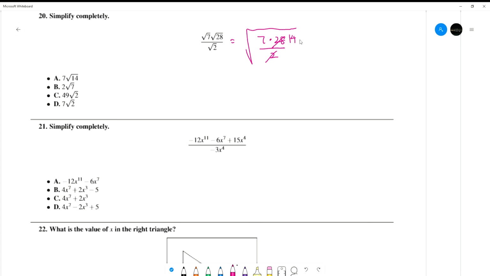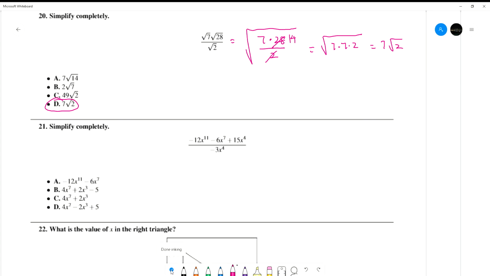So now it's 7 times 14, or 7 times 7 times 2. 14 is 7 times 2. So now you get 7 radical 2, right? If you can do it quickly by hand like that, it's not worth even doing on the calculator, but obviously the calculator, if you type it in correctly, you won't make a mistake.